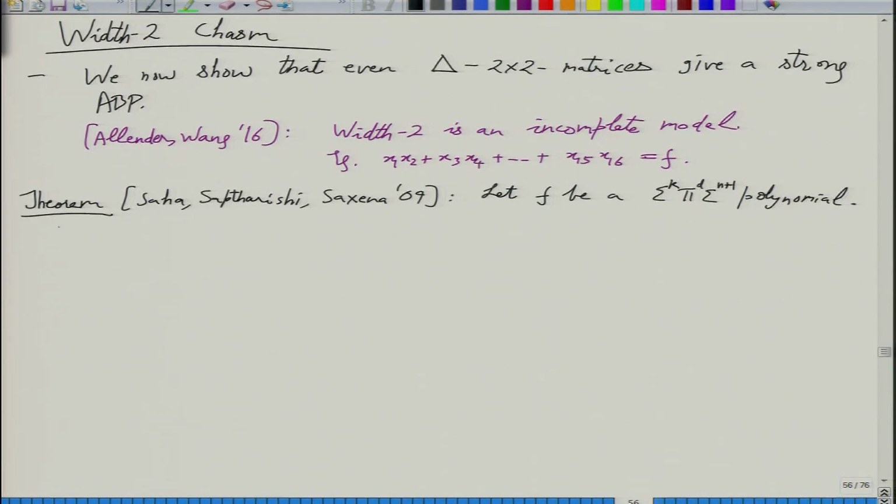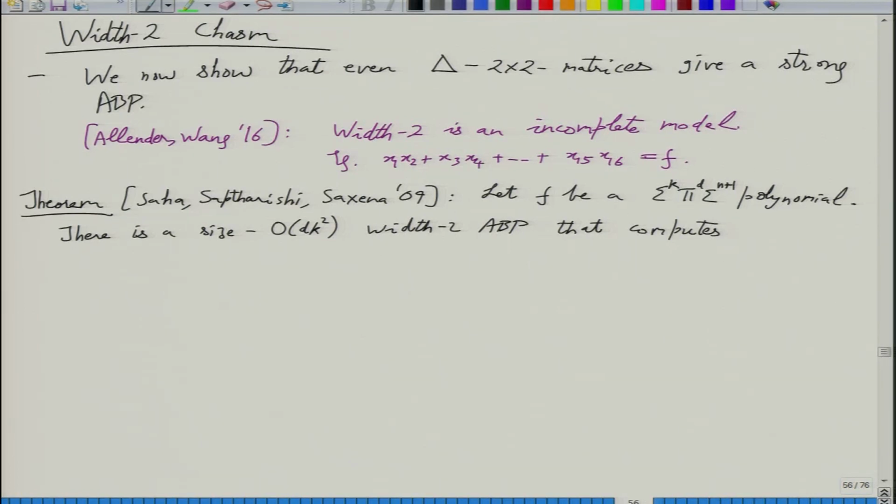So then there is a size not much bigger than this, just size d k squared, WIT 2 ABP that computes, well, can we say that it computes F?